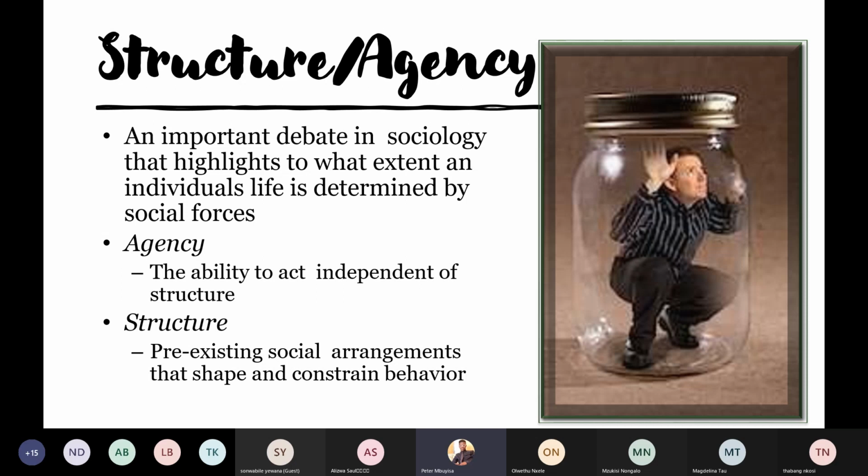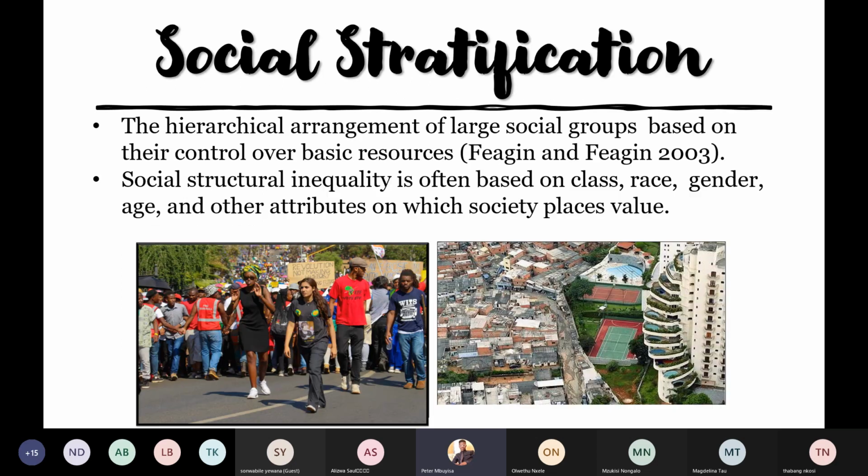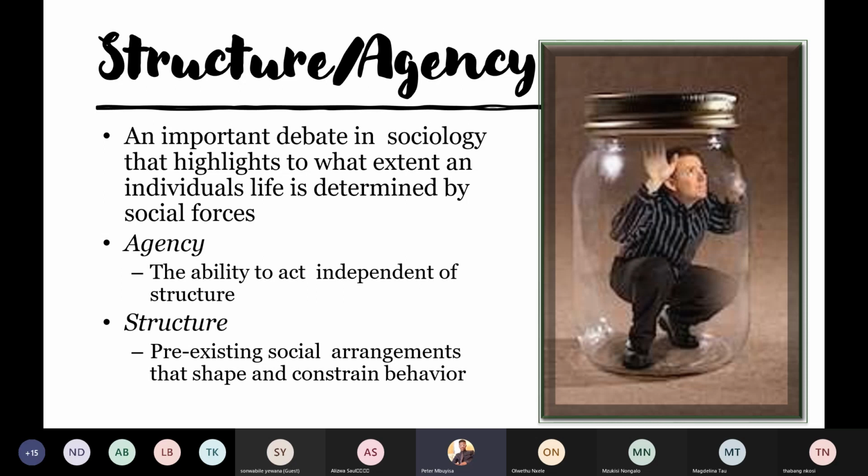For example, this takes us to the example we made last week, and the question was, why do students protest? Going back to the previous slide, the people protesting there are young people, as you can see in the picture. Since they are able to take it to the street and voice out their concerns, we say that they have a sense of agency because they are able to act independent of structure.